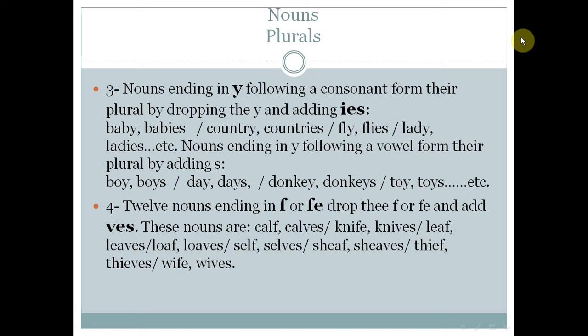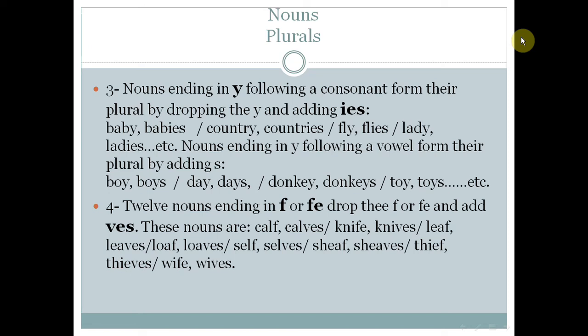Number 4, 12 nouns ending in F or FE: drop the F or FE and add VES. These nouns are calf, calves.